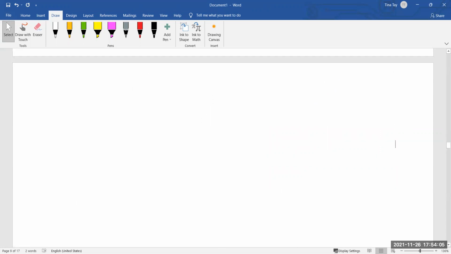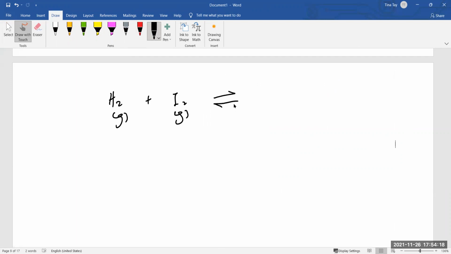Now, let's say I have hydrogen gas, iodine gas, hydrogen iodide gas. Okay, this one I put high pressure. Okay, how? Will it favor the forward or favor the backward?